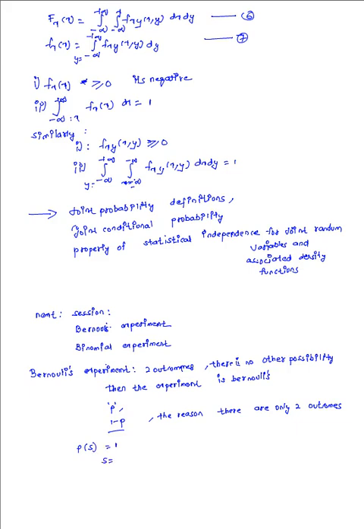Let me say that is event 1 and event 2. So probability of sample is equal to probability of event 1 plus probability of event 2 minus probability of event 1 intersection event 2.